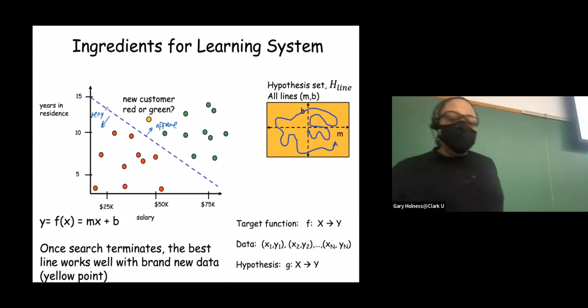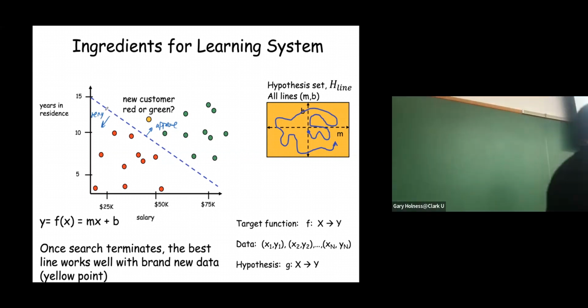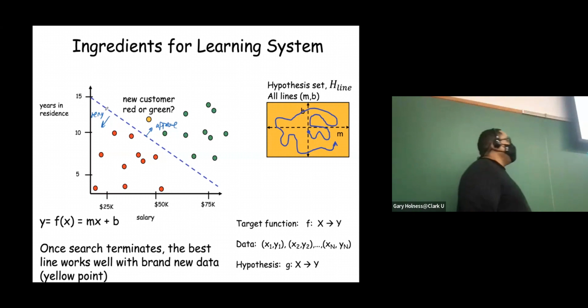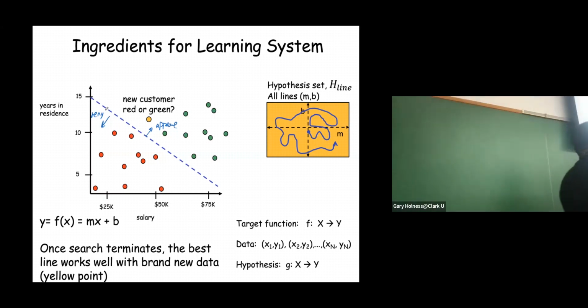Essentially, what this final best hypothesis is doing is predicting what the labeling should be for that out of sample point, that new customer that has never been seen before, based on what it knows trend-wise about where in feature space these values of salary and years in residence should be in order to say this person qualifies for the loan. Does that make sense? Any questions? No? All right.